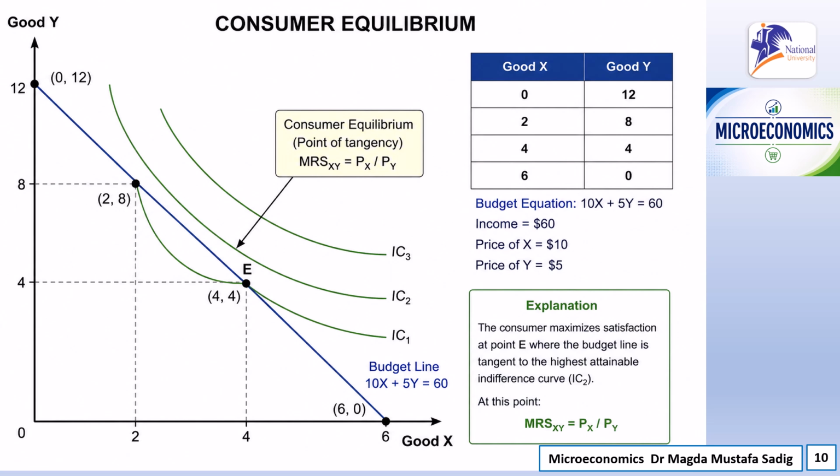Point E, where IC1 is tangent to the budget line, is the equilibrium point, where the consumer consumes 4 units of Y and 4 units of X. At point E, the budget line is tangent to the highest attainable indifference curve, which means the consumer has maximized utility while staying within the available budget.